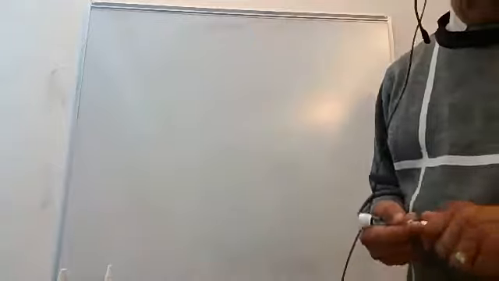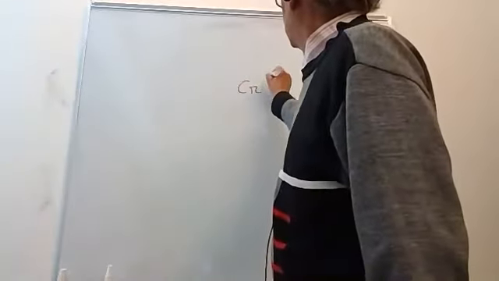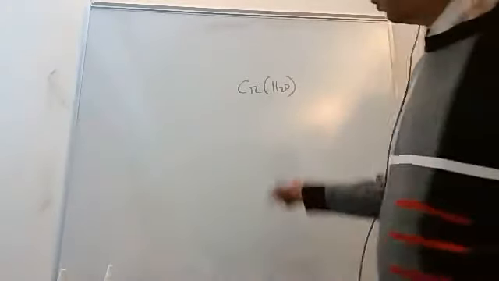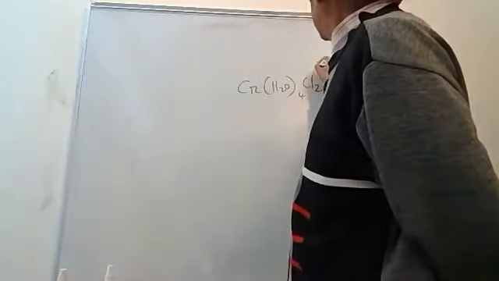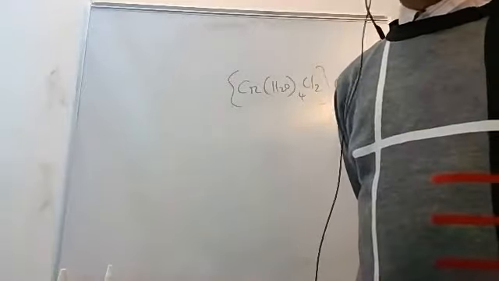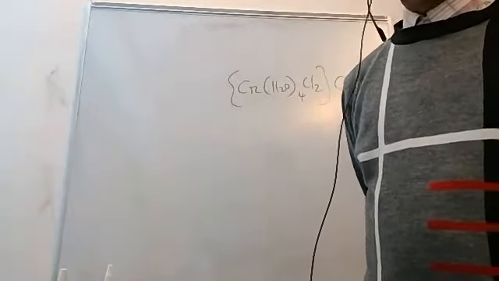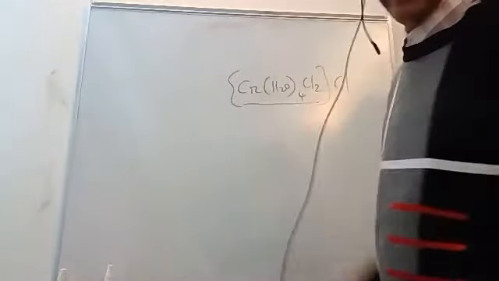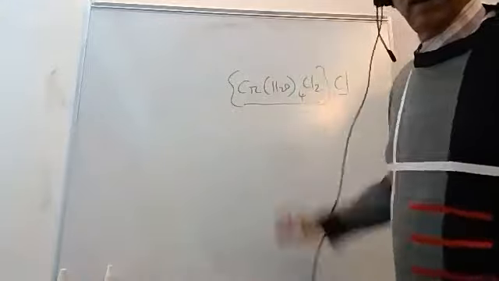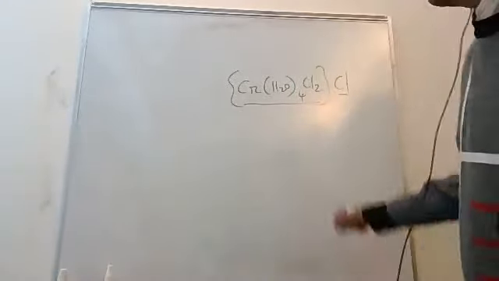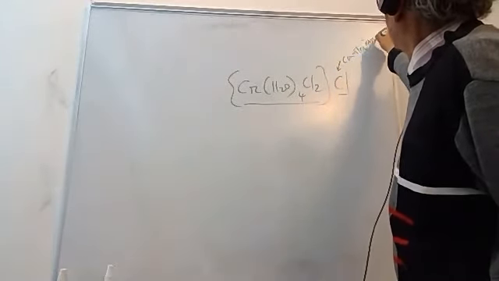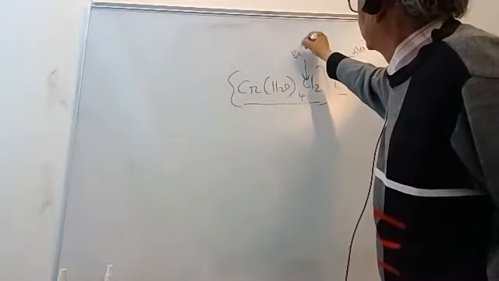Let's take [Cr(H2O)4Cl2]Cl. Okay, so you have some ligands within the coordination sphere, and there are functional groups outside the coordination sphere. These are called counterions. These are called ligands.